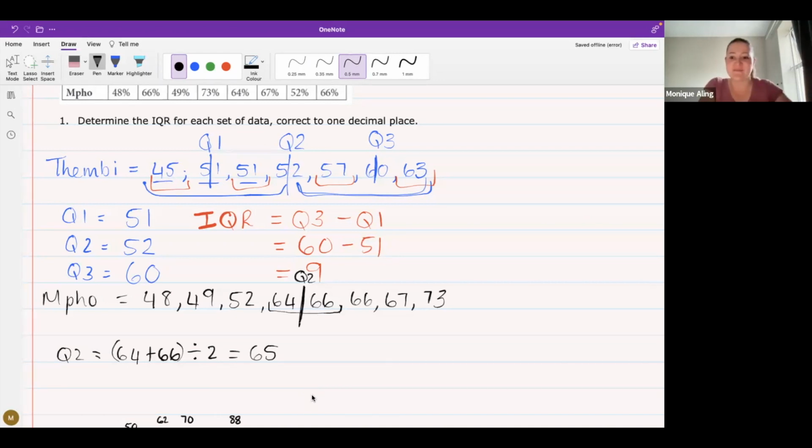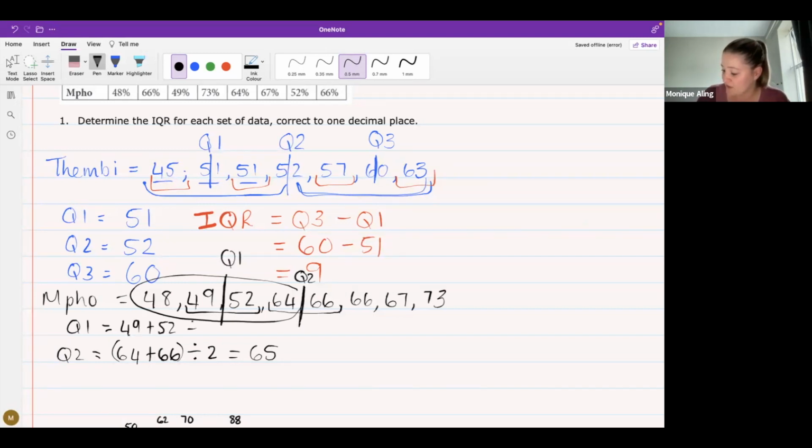Don't worry, Vanessa. As long as you realize your mistake now. Okay, then to find quartile 1, I find the middle number from this half. This half again has 2 numbers in the middle. So our quartile 1 is between 49 and 52. So it's going to be 49 plus 52 divided by 2, which gives you 50,5.